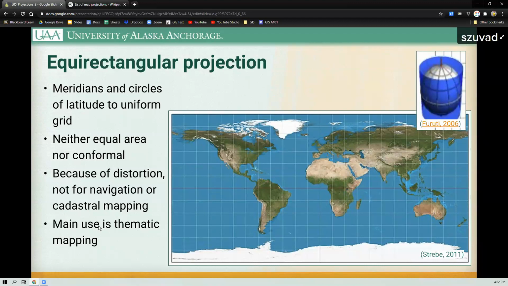So this would not be a navigational map. It would not be a map that you would probably use to show statistics around the globe, but it fully represents the globe without largely distorting, except for really close to the poles. Obviously, Antarctica couldn't possibly be that big.